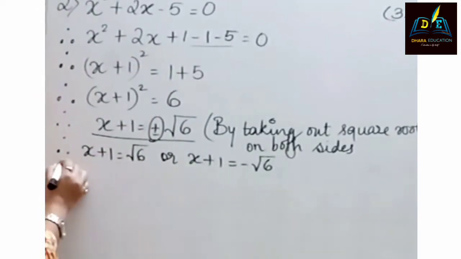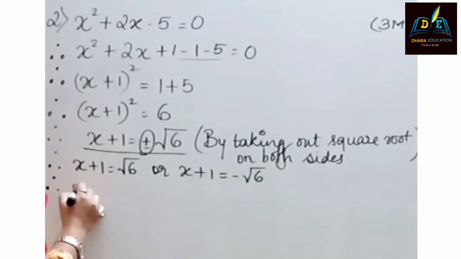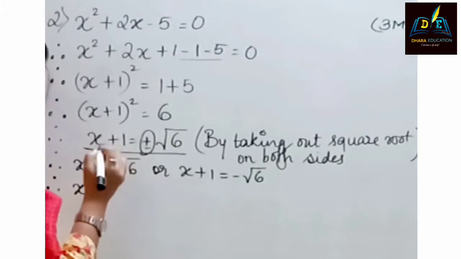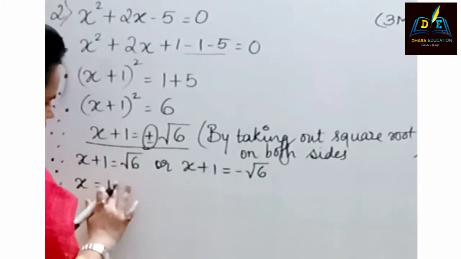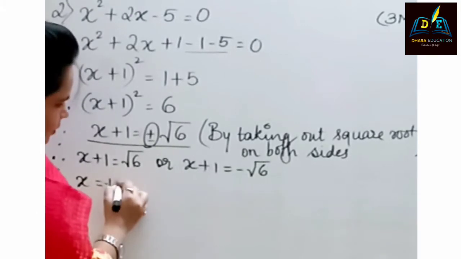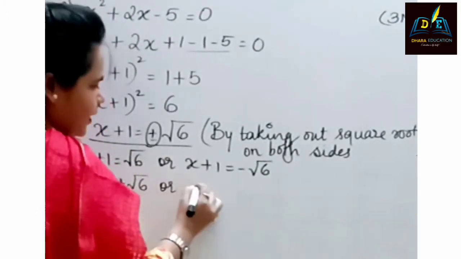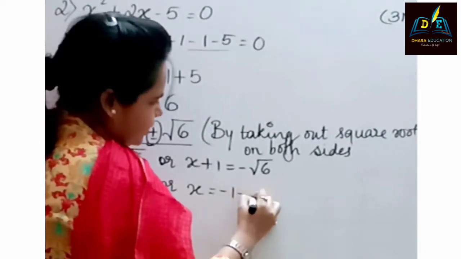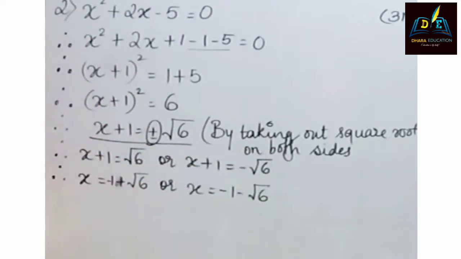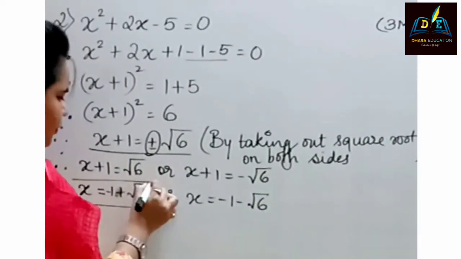Therefore x is equal to minus 1 plus root 6 or x is equal to minus 1 minus root 6. So this is our final answer.